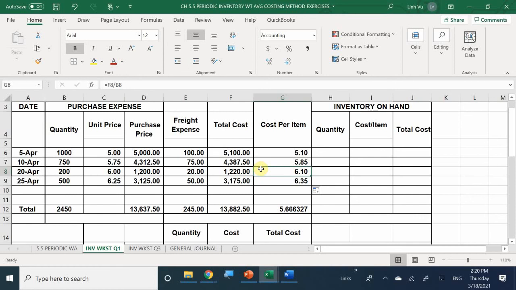What do you mean we didn't choose 510? Okay, imagine this, right? Because the first one is our first batch. If that was the only batch that we purchased, then you only have 5,100 as the total cost and you only have 1,000 items available.